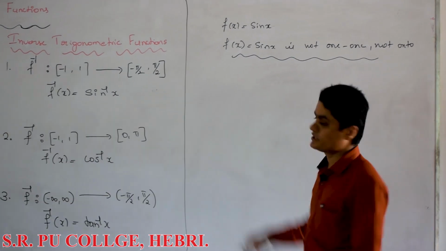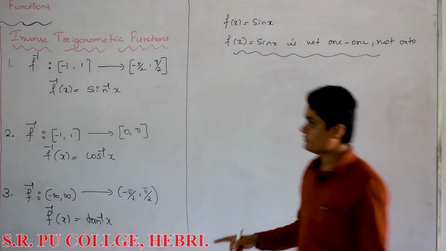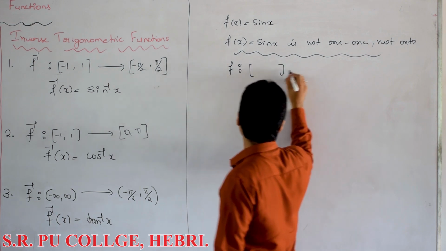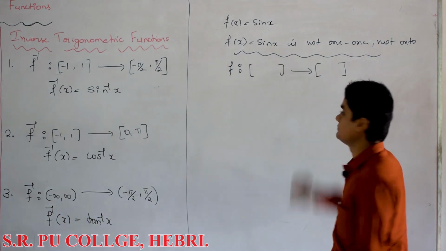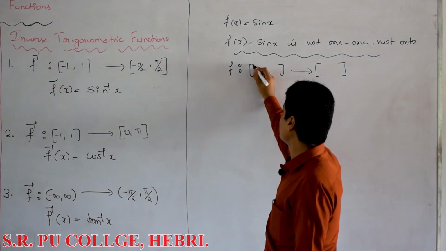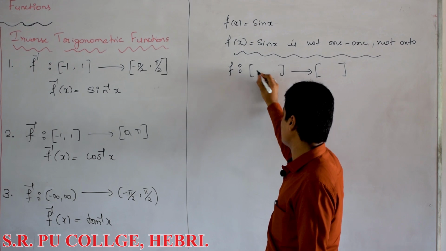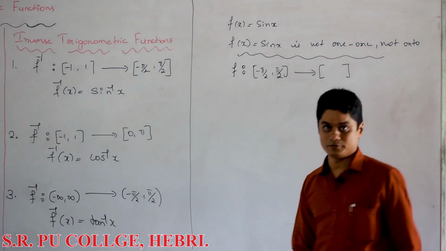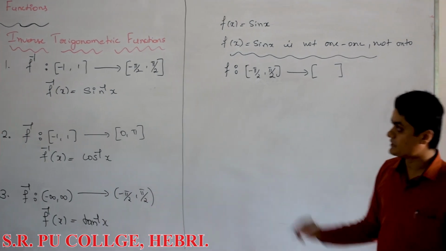So how to get the bijective trigonometric function? To get a bijective trigonometric function, its domain and range should be adjusted. How to adjust? In sin x, the domain must be minus pi by 2 to plus pi by 2. Why must it be minus pi by 2 to plus pi by 2?